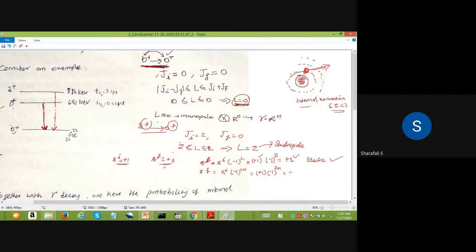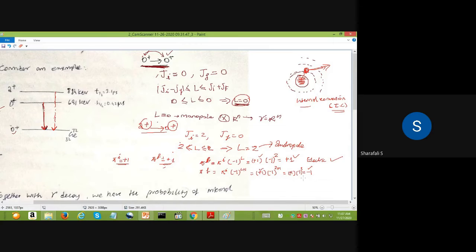So this will give you plus 1 times (-1) cubed, that results in minus 1. So your pi f now is minus 1 and pi initial is plus 1 as given here. That is different.